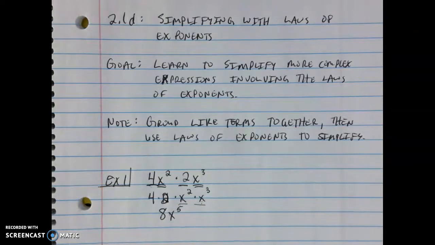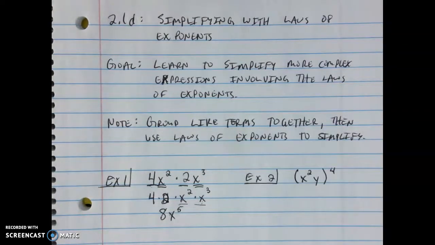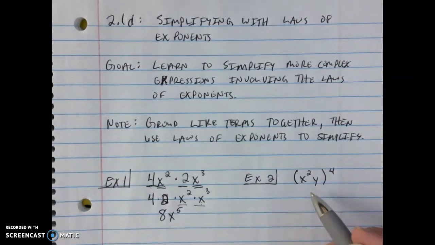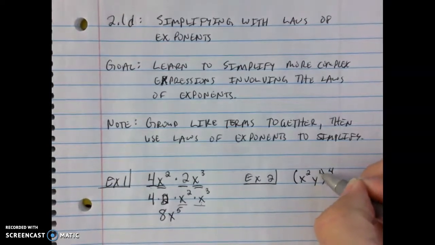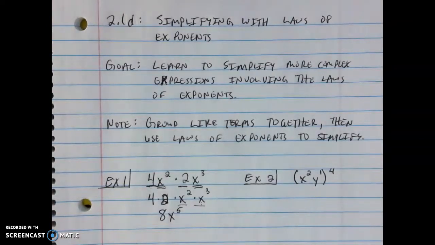Let's take a look at a second example. For our second example, we have the expression x squared times y, all to the 4th power. Now, keeping in mind our laws of exponents, when we're taking the power of a power, we're going to multiply the exponents together. So one thing to note is that behind this y, there's an invisible 1 for an exponent there. We don't write it, but if you want to include it there to help you remember what you're supposed to do, then go ahead and do so.